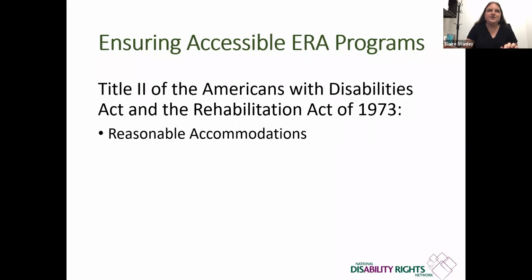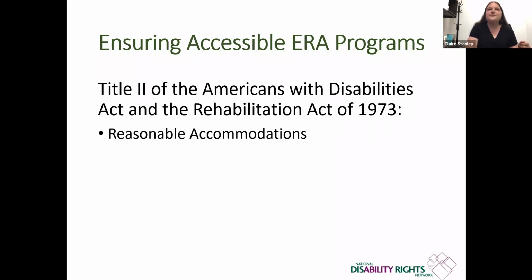So again, in this situation, the service that these entities are providing is access to apply for these emergency rental assistance programs. So are you enabling people to go in physically, online, speak with the person, however your entity might do it? You have to enable them to get access to that. Another thing to know with reasonable accommodations is no one size fits all.